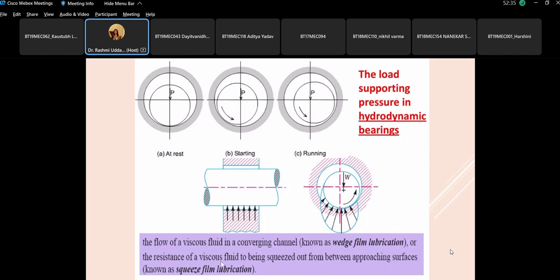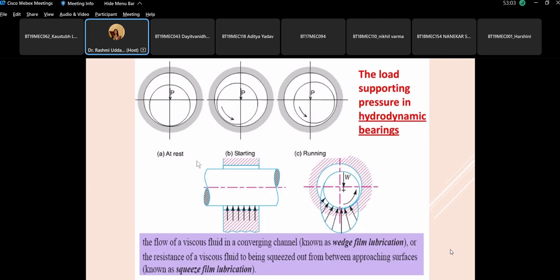So it is the oil or the fluid which is getting squeezed between the two surfaces having relative motion. This is how the oil film is formed and the pressure is distributed. We are now coming to the expression of how the pressure changes with the thickness of the oil and how the shear stresses change with the thickness of the wedge.